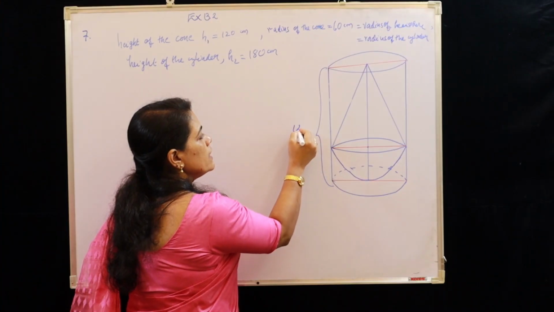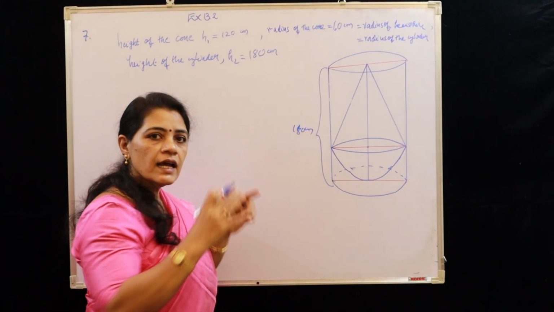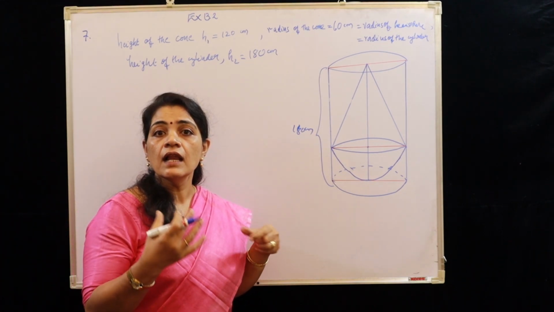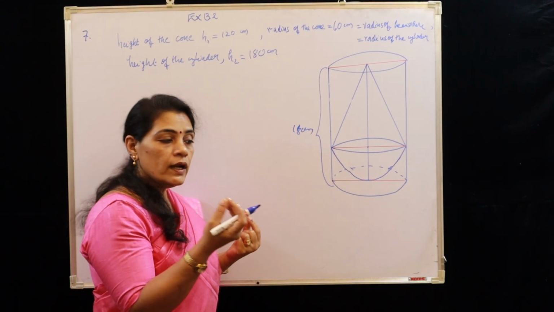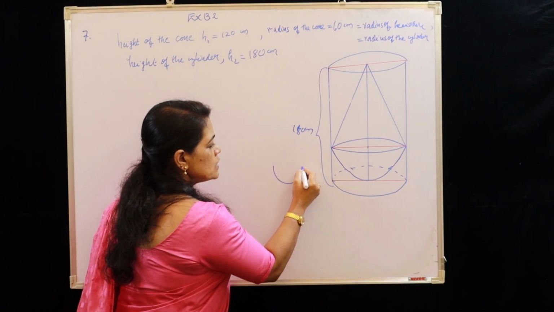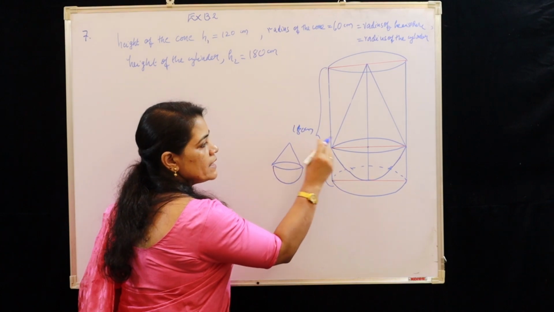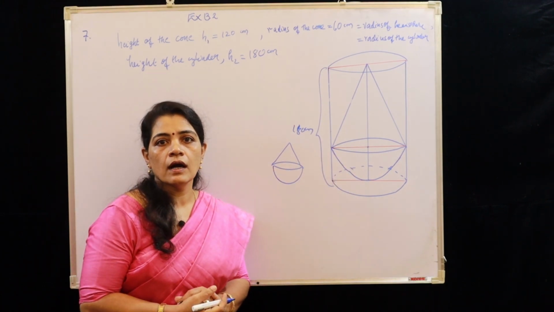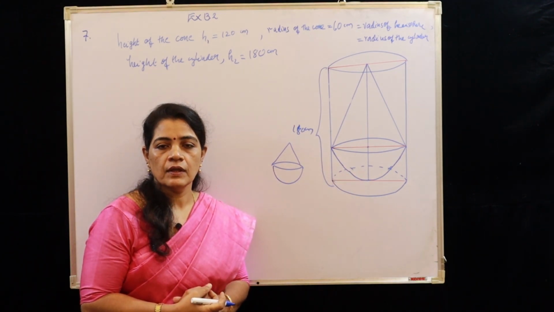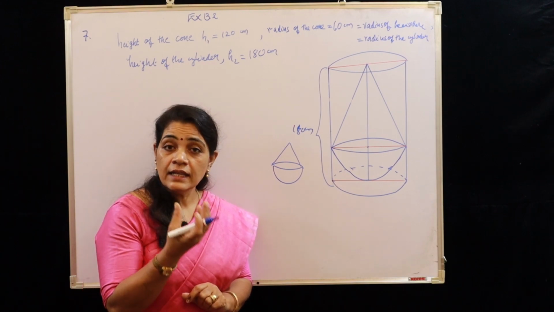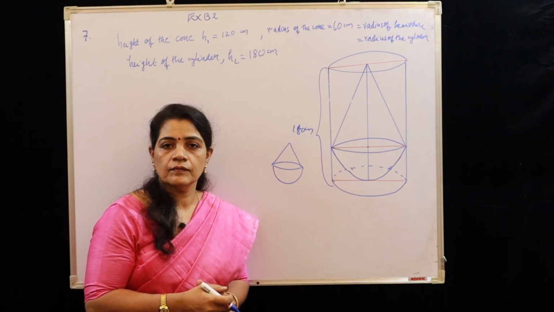Inside the right circular cylindrical vessel, a solid of this shape, a hemisphere at the bottom and a cone on top, is placed. And this vessel is full of water.